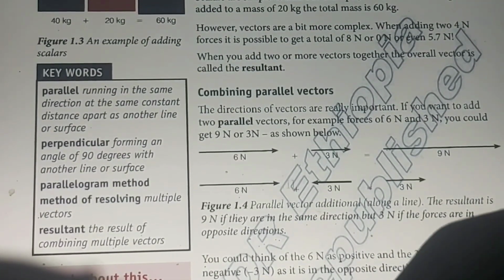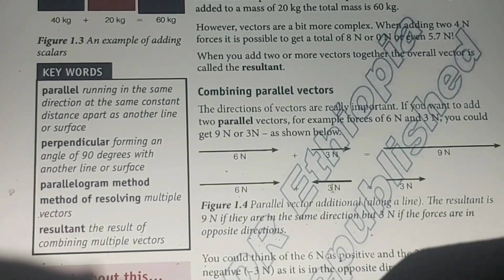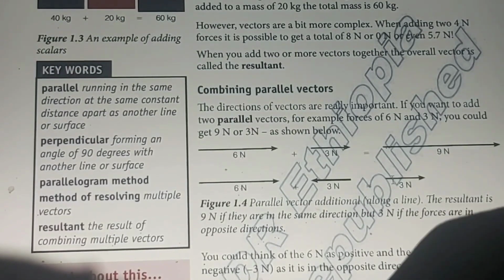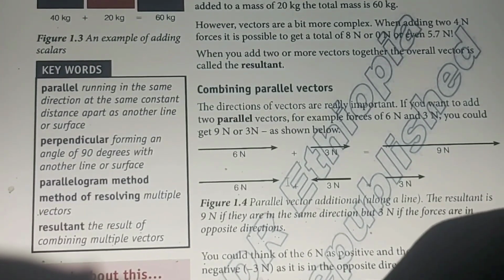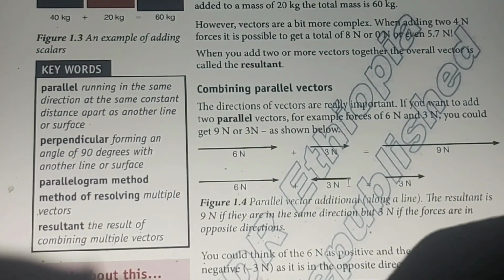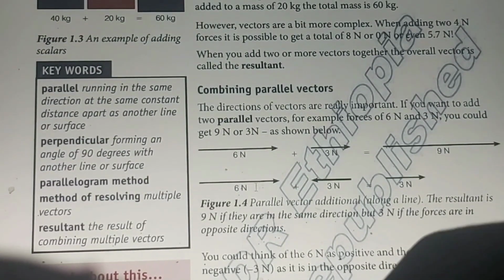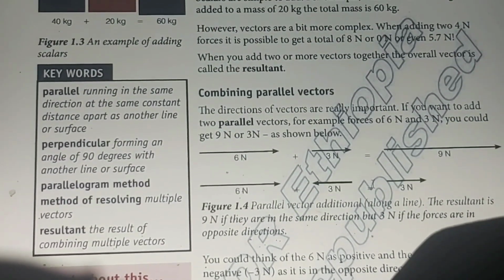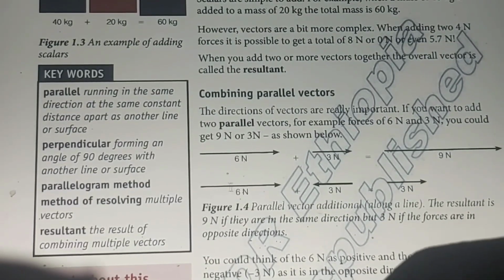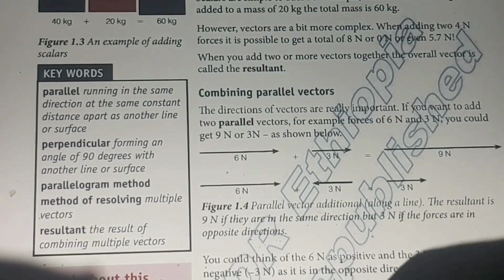Here the 6 Newton and the 3 Newton are in opposite directions. This is to the west, this is to the east. So here we subtract. We have 3 Newton to the east, because the bigger one is the 6 Newton.